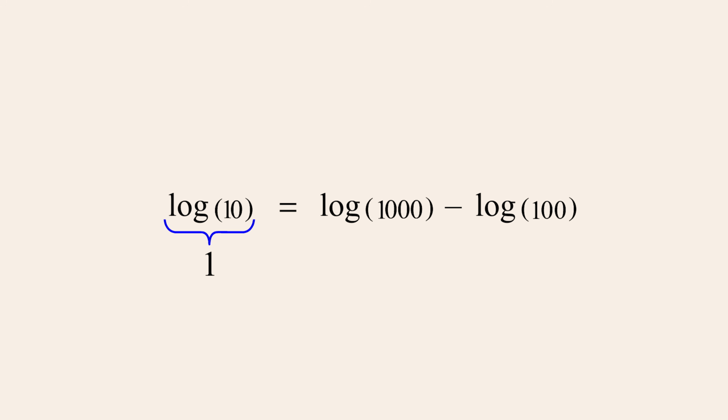Likewise, the logs of 1000 and 100 are 3 and 2. Since 3 minus 2 is 1, we can see that this rule of logarithms also works.